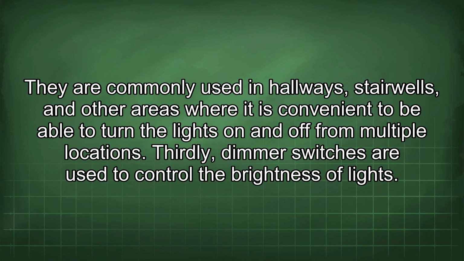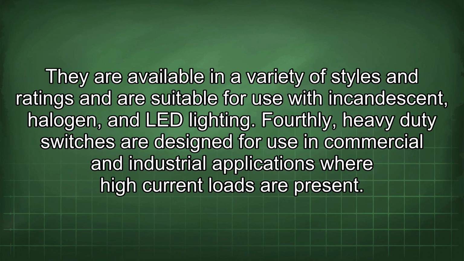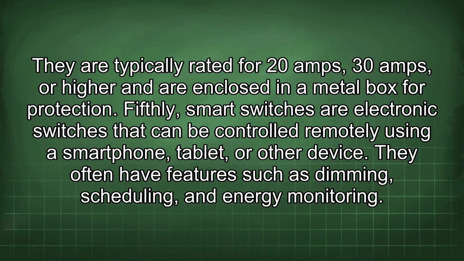Thirdly, dimmer switches are used to control the brightness of lights. They are available in a variety of styles and ratings and are suitable for use with incandescent, halogen, and LED lighting. Fourthly, heavy-duty switches are designed for use in commercial and industrial applications where high current loads are present. They are typically rated for 20 amps, 30 amps, or higher and are enclosed in a metal box for protection.